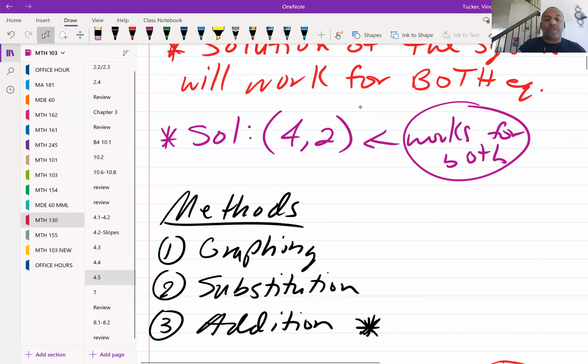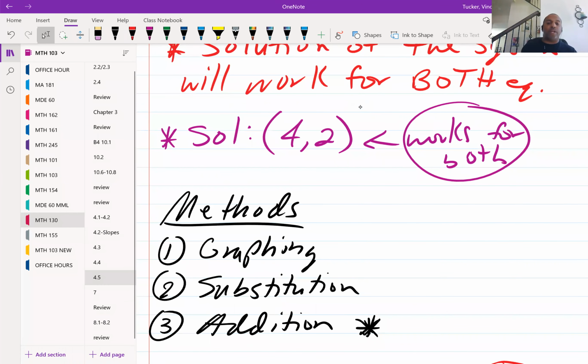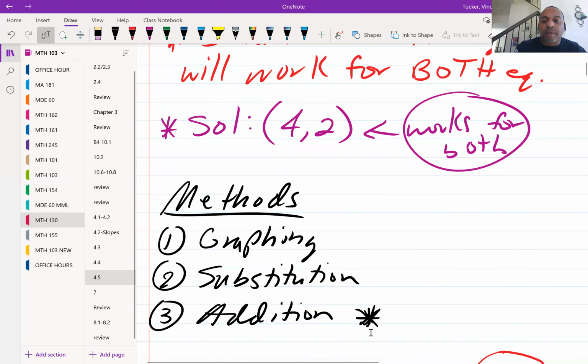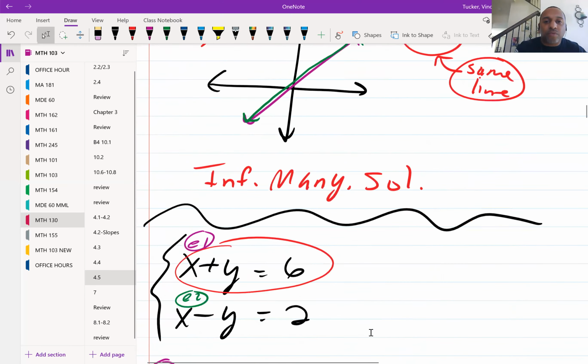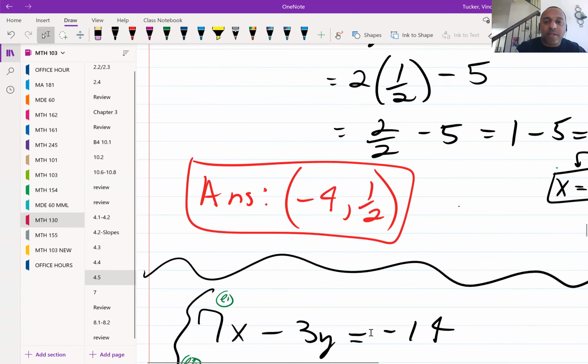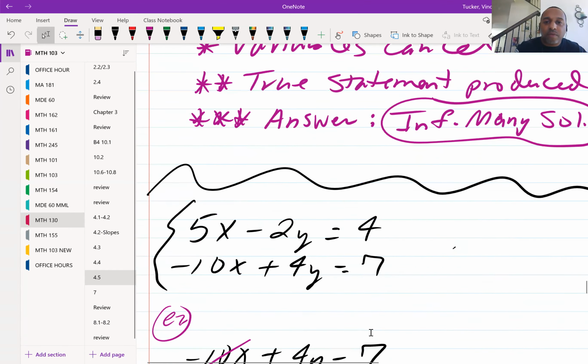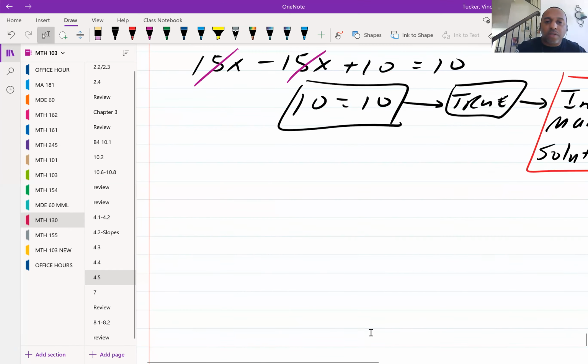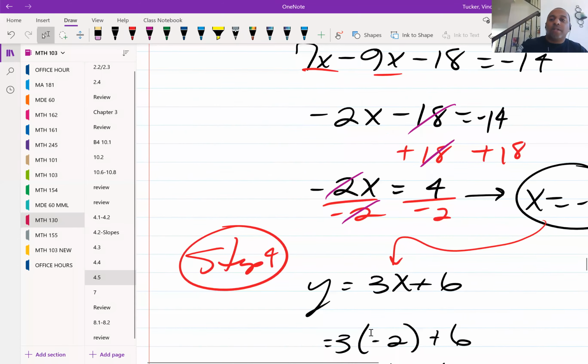I put an asterisk beside addition because I believe you're not held responsible for the addition method. I will check to make sure, but I believe that's why I put an asterisk. Let me look real quick. Yep, I don't see anything.